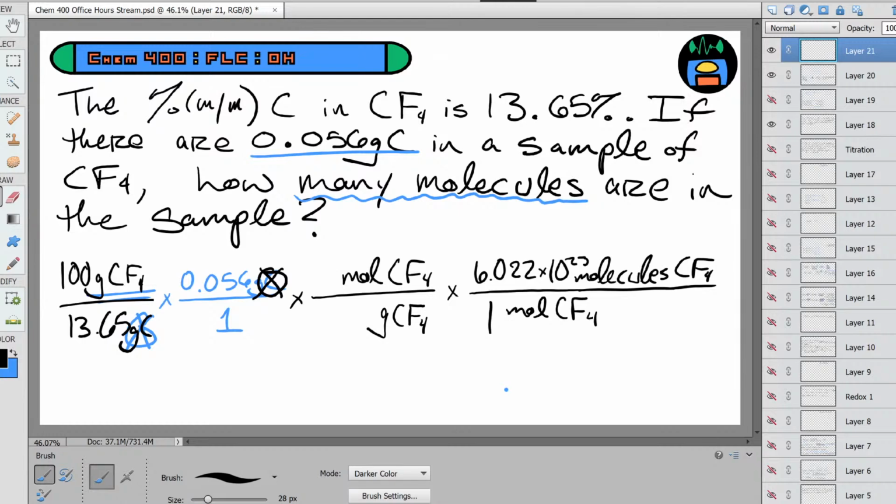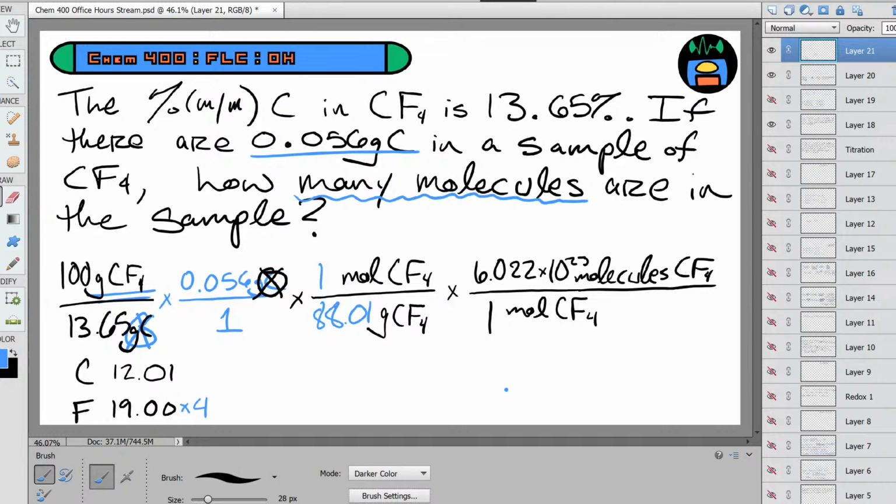So carbon has an atomic mass of 12.01. Fluorine is 19.00. But we've got 4 of them in this molecule. So 19 times 4 plus 12.01 gives us a ratio of 1 mole. CF4 has a mass of 88.01 grams.